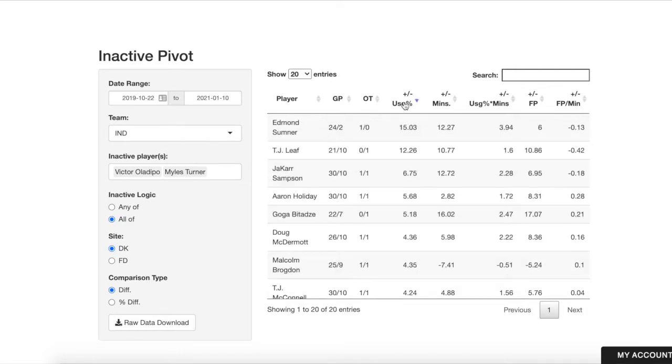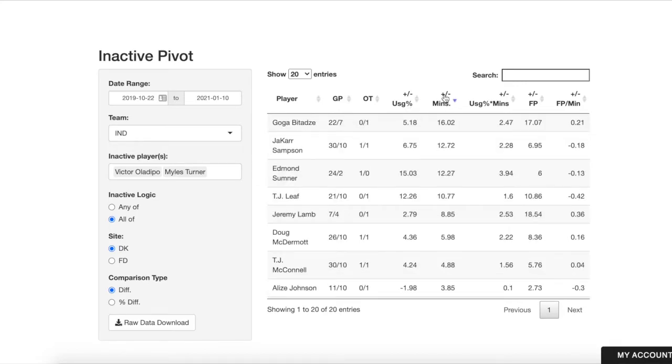So the trade-off really is that you are getting a smaller sample size when you select all of, but you are, I think, being a little more specific in terms of the games you want to measure some net or relative impact across. So that could be useful to use.